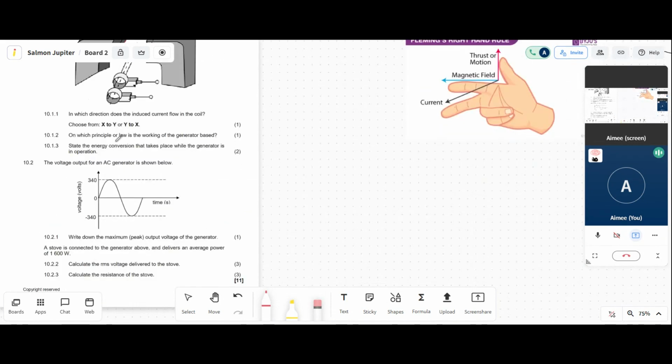Now, the next question says, on which principle or law is the working of this generator based? That's a pretty easy question. It's based on Faraday's law of electromagnetic induction.